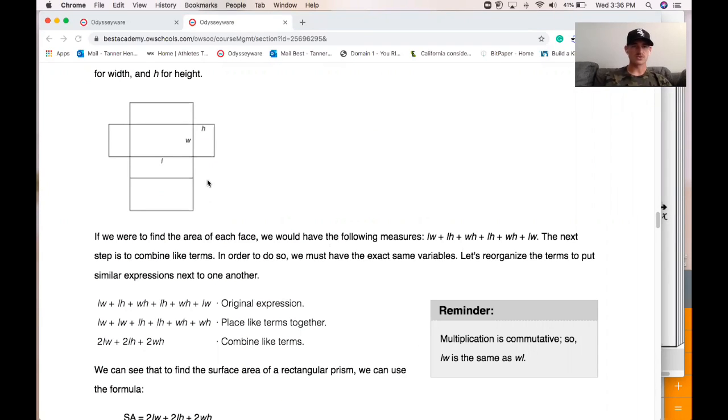If we're trying to find the surface area of a 6-sided figure, we have length times width plus length times height plus width times height. That's just for 3 sides, and we need to do it for 3 more. So we're doing the same thing over again. Once we combine like terms, we're going to add them all together.